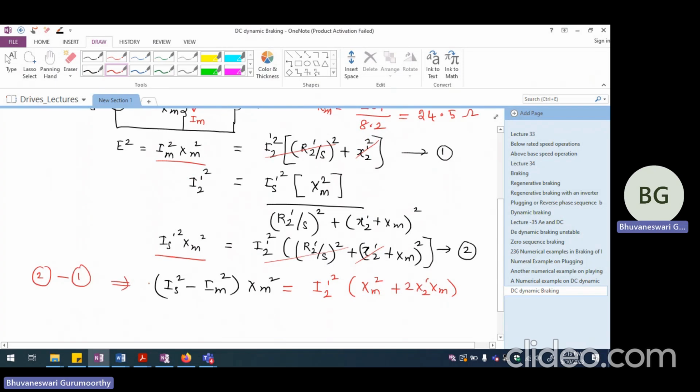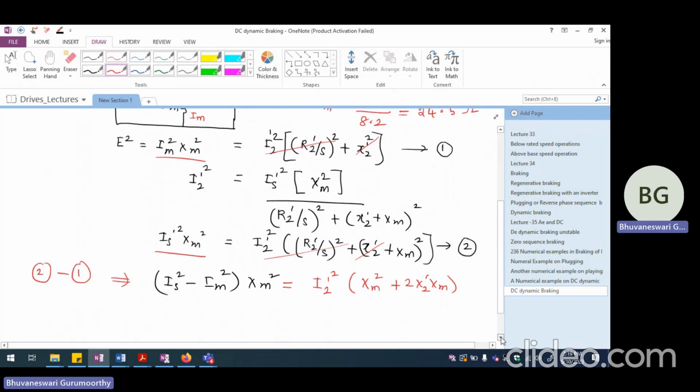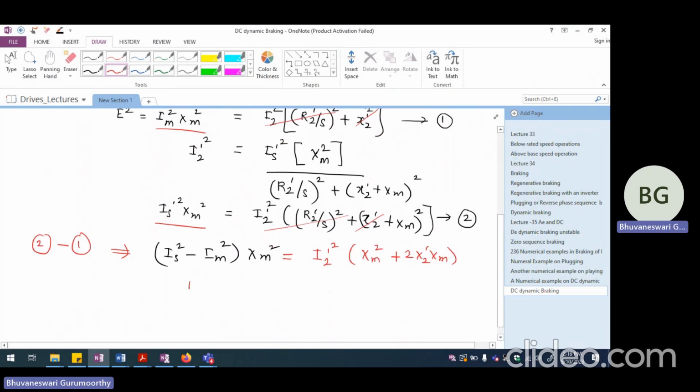This gives this particular expression from which I should be able to write I2 dash square should be equal to IS square minus IM square multiplied by XM square. I can bring it down, so this will be 1 plus 2 X2 dash divided by XM. So this equation number 3 will be able to give me the value of I2 dash if I know what is IS, what is IM, and what are all these values.